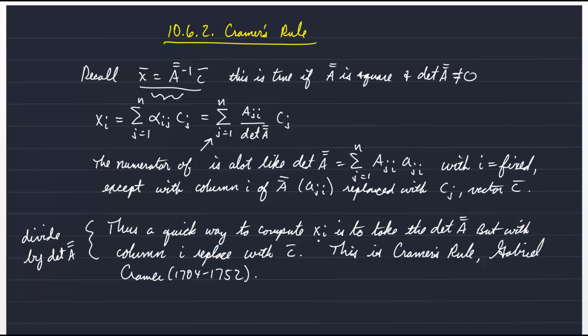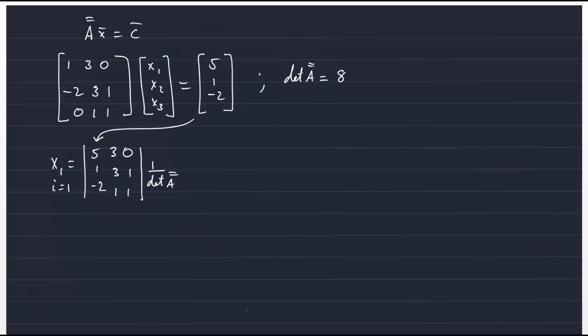A quick way to compute x sub I is to take the determinant of A, but with the column I replaced by C, divided by the determinant of A. Okay. And so going back to our example, when we do that, we find that x sub 1 is equal to 1/8.